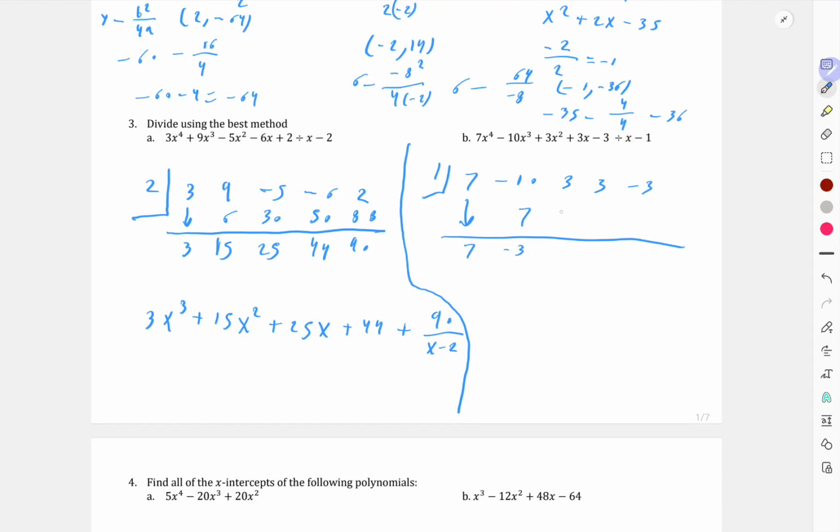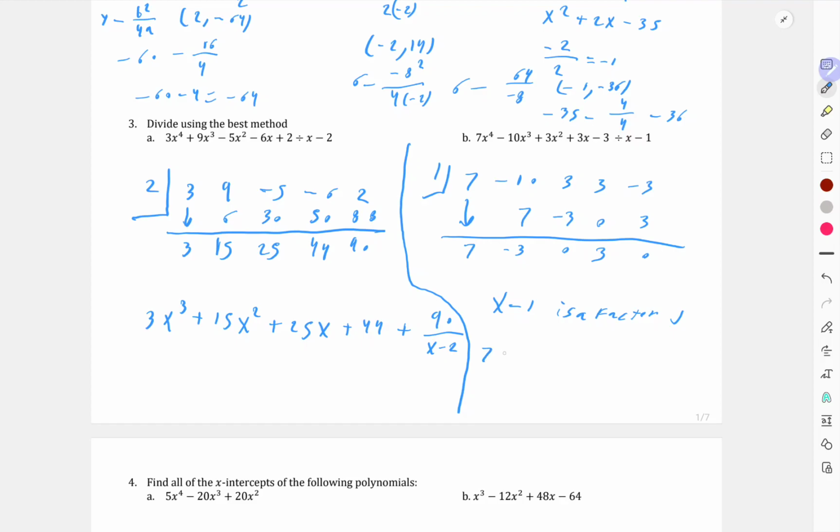Negative 3 times 1, negative 3. Negative 3, 0. 0 times 1, 0. 0. 3. 3 times 1, 3. 0. Our remainder is 0, and when our remainder is 0, that means that x minus 1 is a factor, which is good, right? And this is eventually what we're going to use to find the roots of polynomials.